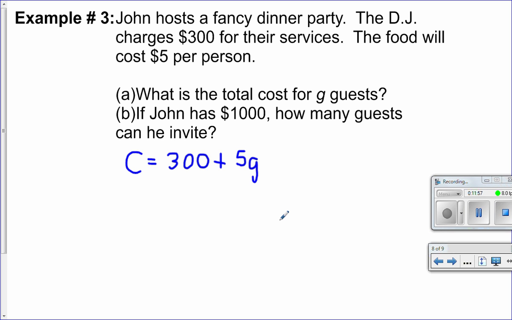So your challenge at home is to figure out how to use this equation, which I've given you here, to figure out how many guests can attend this party with the total cost being $1,000. So put the video on pause, try it at home, we'll take it up tomorrow.